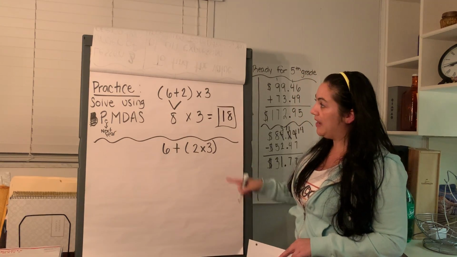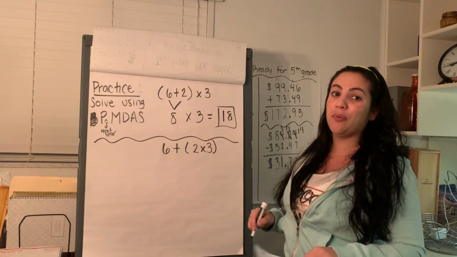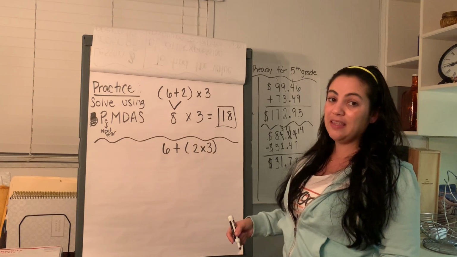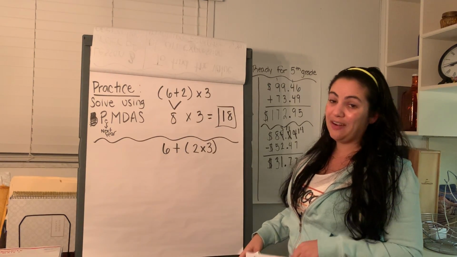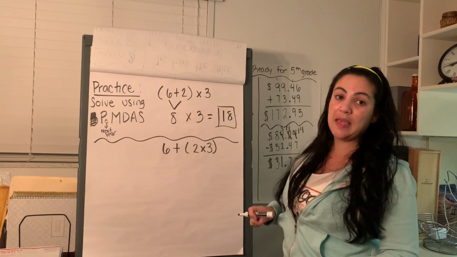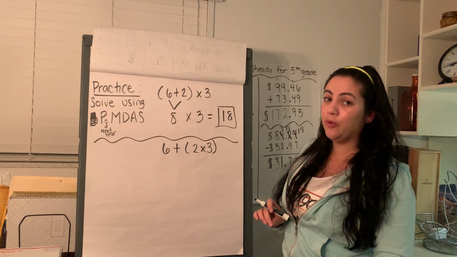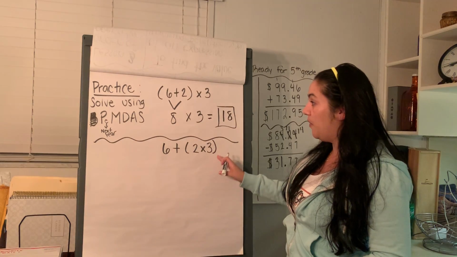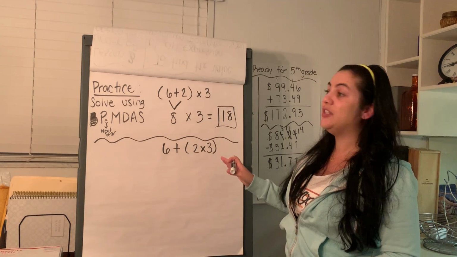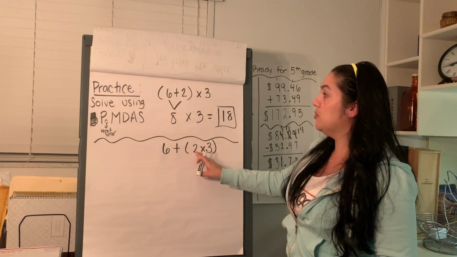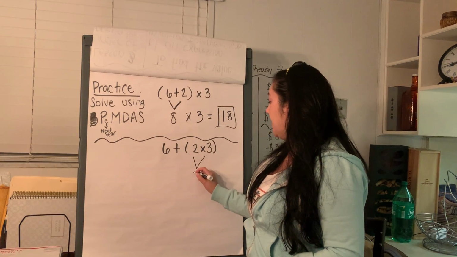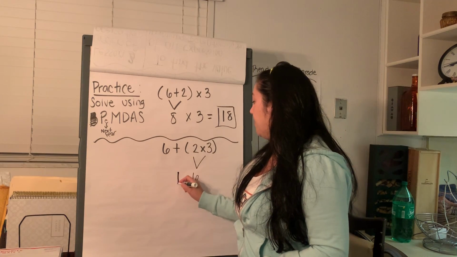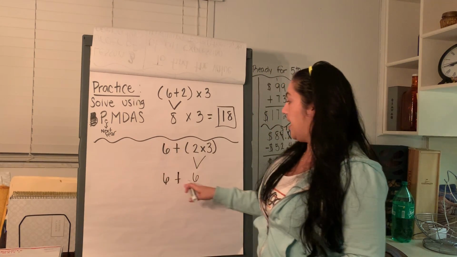In this example, I've given you the same numbers, but I've switched the parentheses so that you can see that when you follow the correct order for this set of rules, you're not going to get the same answer. That's why it's very important for you to follow the set of rules given to you. Here they're asking us to do this parentheses first, and I get 6. I bring down the rest of my equation and I follow my steps.